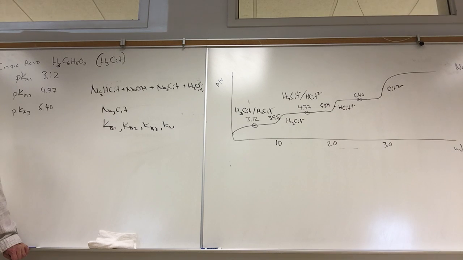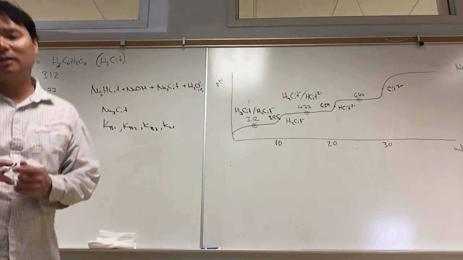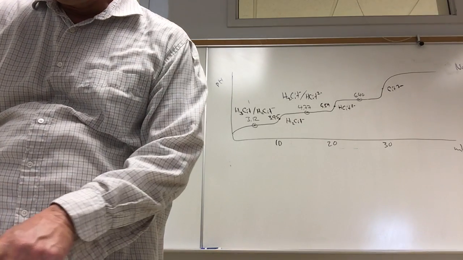Kb1 and Kb2, all the Kbs plus Kw? We just want to figure out the pH. Usually just one Kb, right? Usually, except let's take a look at the Kb values here.